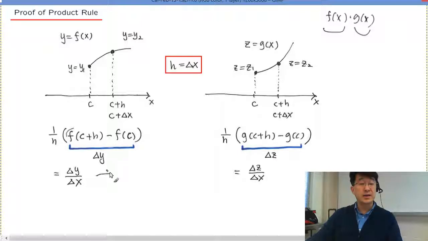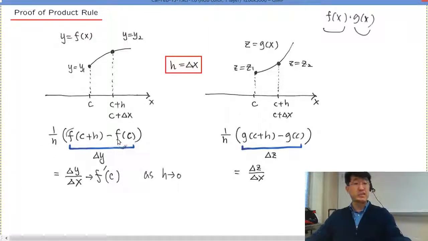What happens to that as h approaches 0? Where does that one go? It's abbreviated notation. This one is supposed to be f prime of c. Isn't that what this becomes as h approaches 0? That's the very definition of a derivative, right?